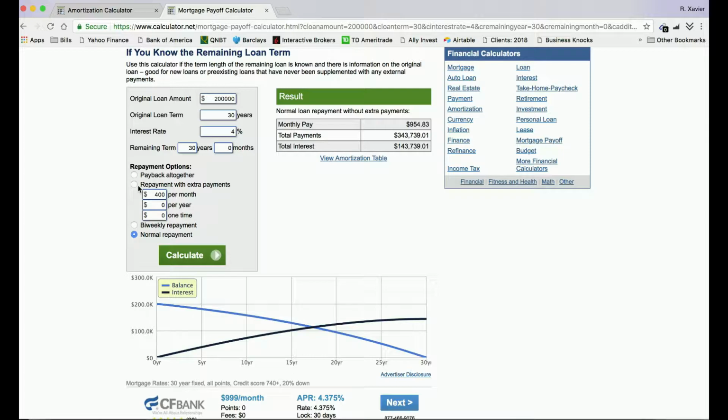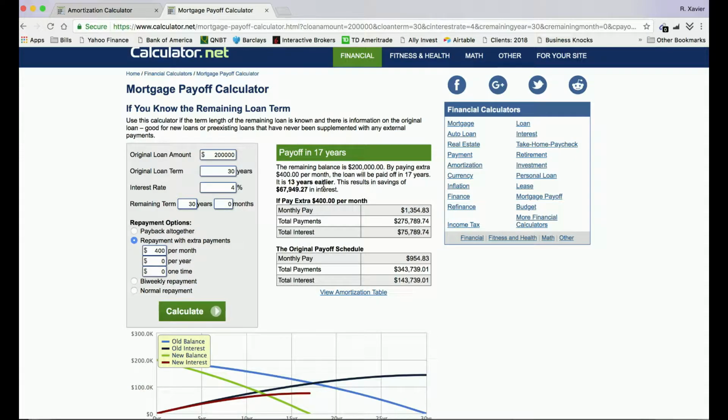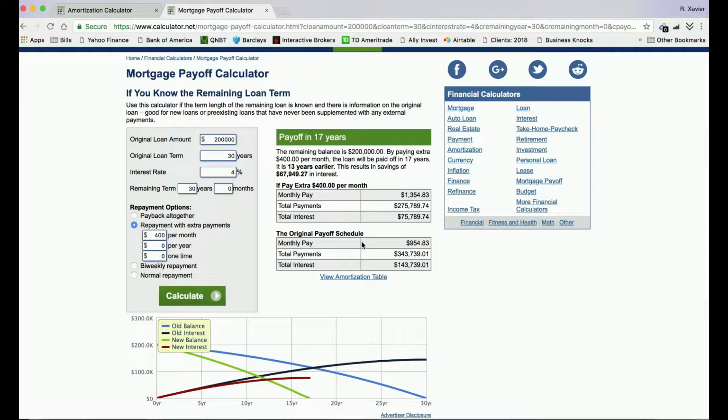What that would do is take your 30-year loan and pay it off in 17 years. Again, assuming you held it to maturity, which I've already told you most people do not do.